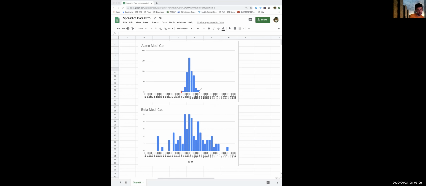With Acme, we're seeing it go between about 96 and 104, versus Beaker, which goes from 85 up to about 117. So there's a much larger variability. This one has a spread of about 8 microliters, whereas this one is about 32 microliters.